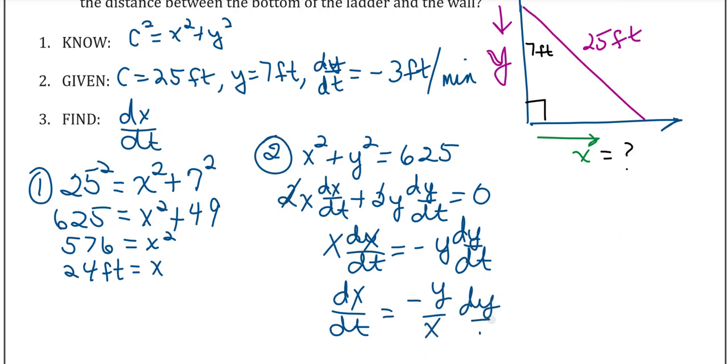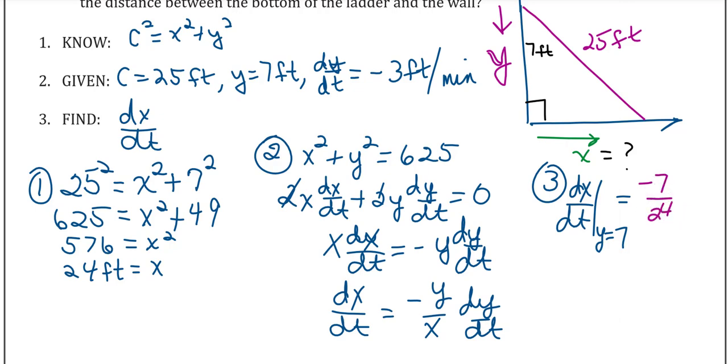So now I can substitute in my values and find my change in x. So dx/dt when y equals 7 is going to equal -7 over our 24 times our rate of change of y.